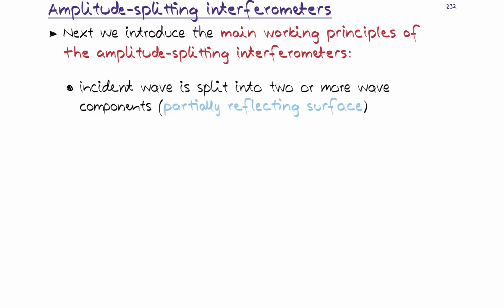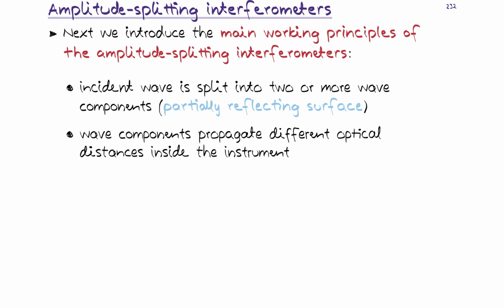And then we are letting these two different portions of the same wave interfere with each other. And then essentially how we are splitting this wave into several portions is that we have partially reflecting surfaces, where part of light is being reflected and part of light is being transmitted. So essentially exactly what we considered already in our chapter 6.